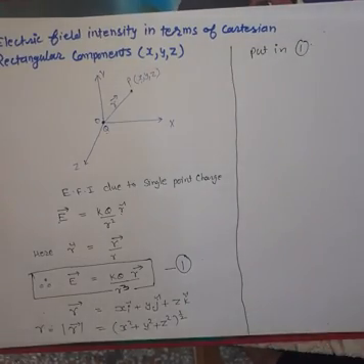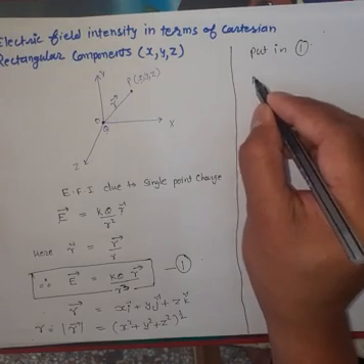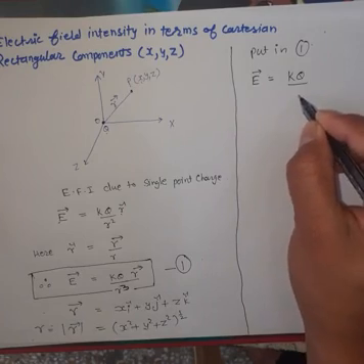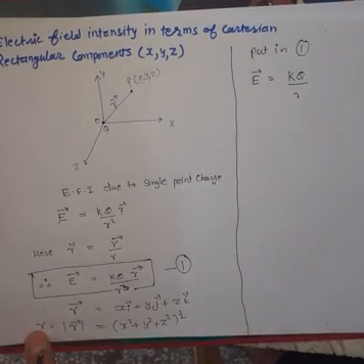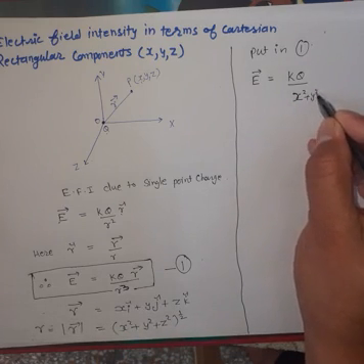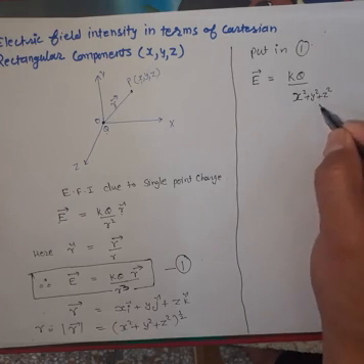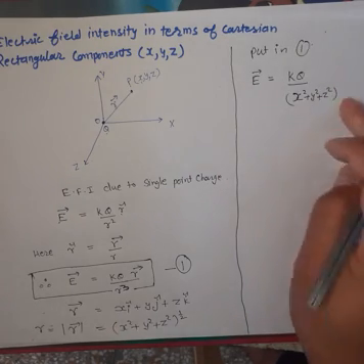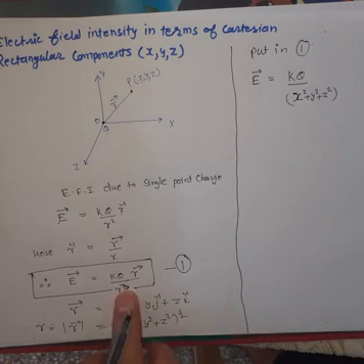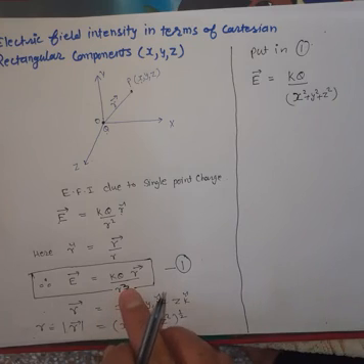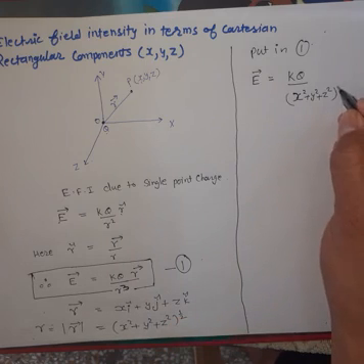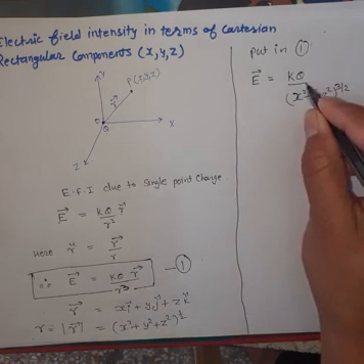What will I get? The electric field intensity is equal to kq by r cube. The r value is the square root of x square plus y square plus z square. In the first equation we see the whole power is 3, and here the power was 1 by 2, so it becomes 3 by 2.